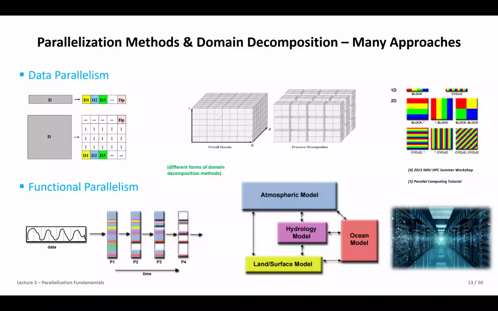Hence, you have many different ways how you can do it. You see here even blockwise chunks, cyclic ones. And this brings us to the idea that we have a very data-oriented view on this. There is also functional parallelism, when you have data over a timeline, where you see that the different processors have certain different roles. So in this example, you could think not just about this domain, but you could also assign the processors in a way to have an atmospheric model.